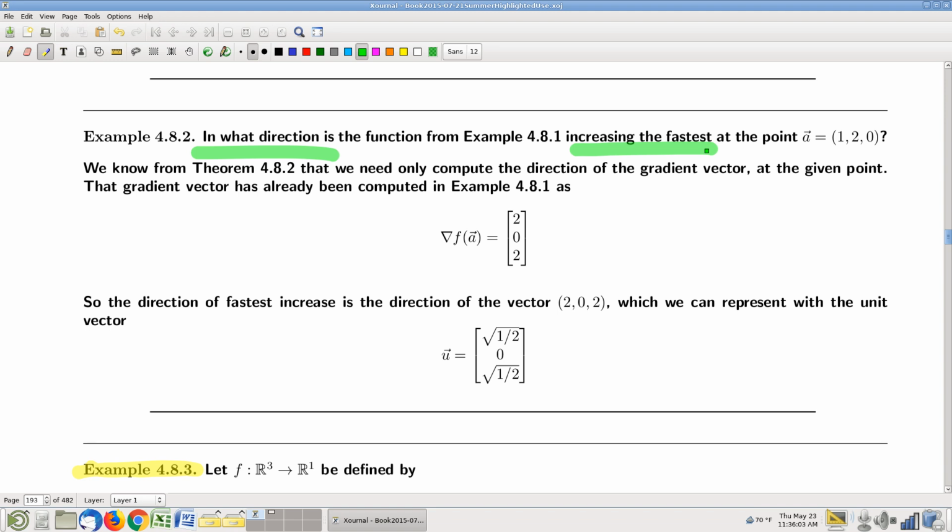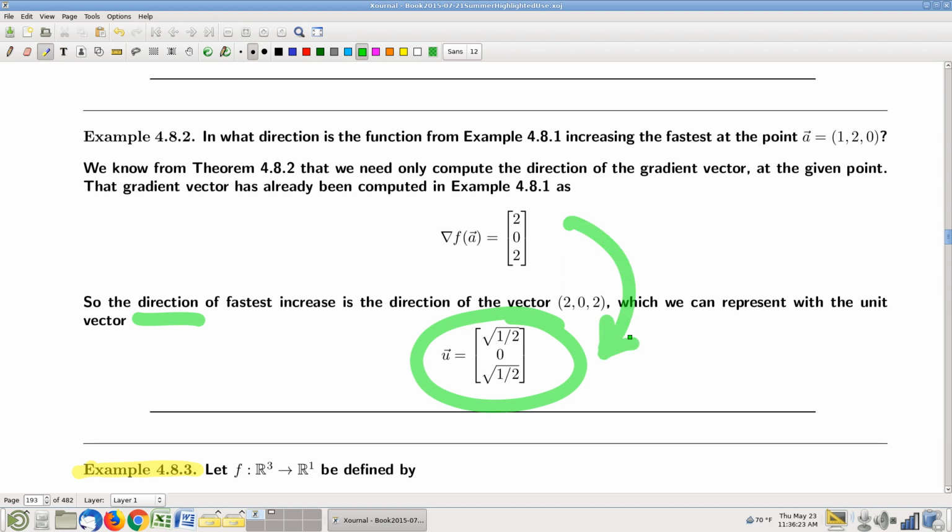The answer is the gradient vector, right? That's the wonderful thing about it. So we've already computed that gradient vector. That is pointing in the direction of fastest increase. And a terminological thing, when we say direction, typically we represent that with a unit vector. So we've got to divide the above by its own magnitude to get a unit vector to represent that direction.